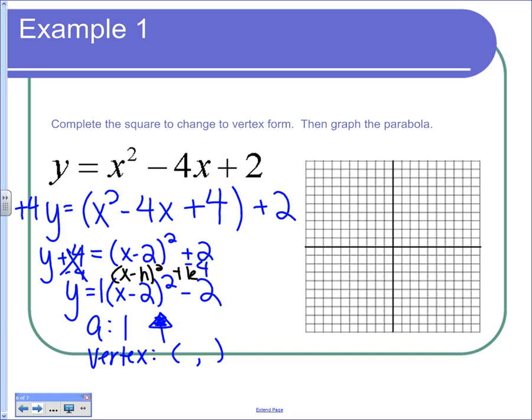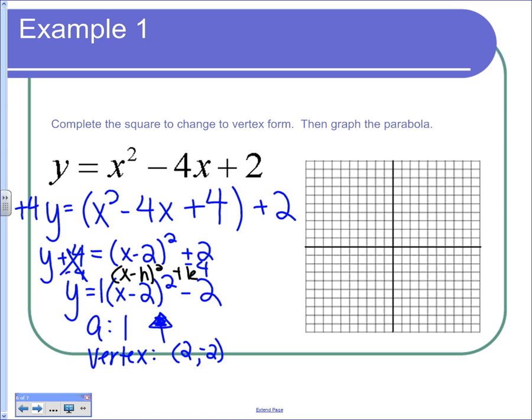So h is 2. You see how that works? Correct. If it had been x plus 2, it would actually be an h of negative 2. The sign on the h is different than what it is in your equation. But what about my k? It's just negative 2. Does that make sense?